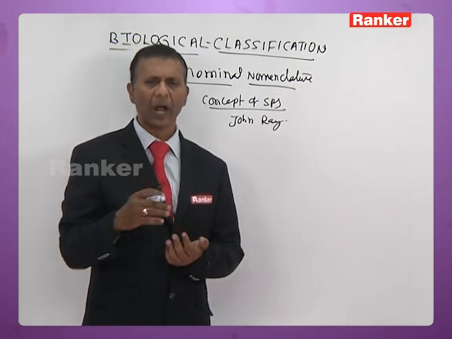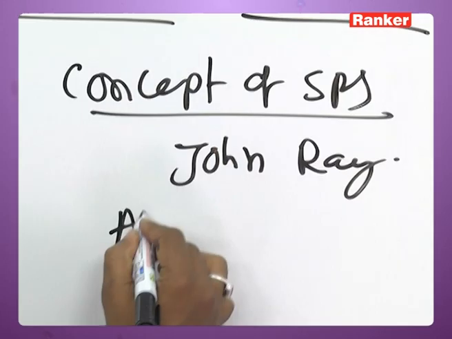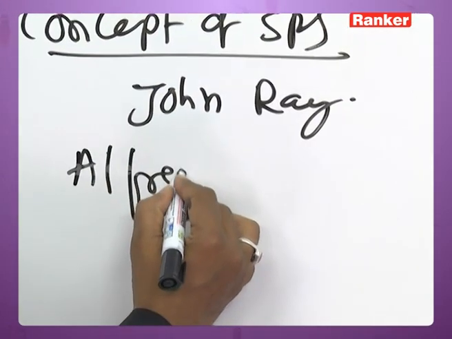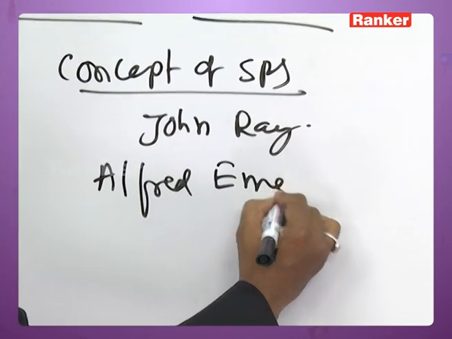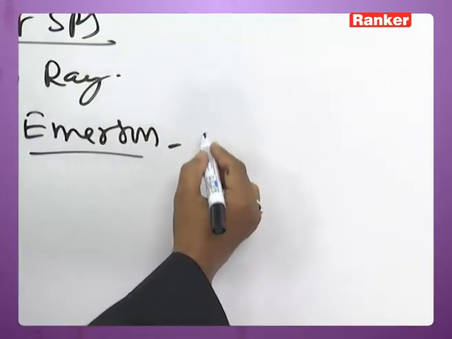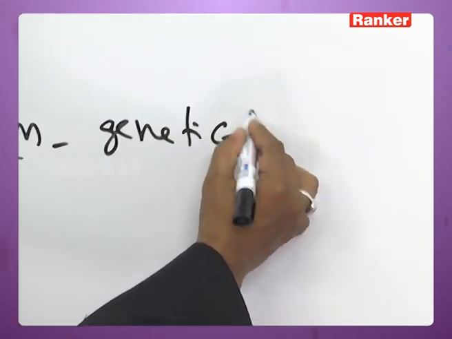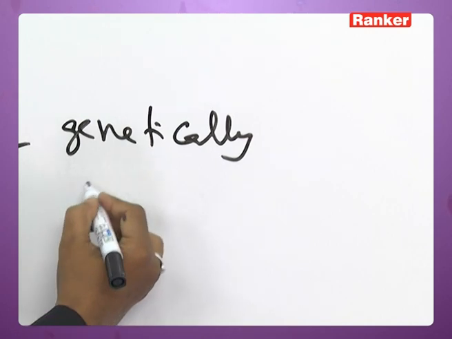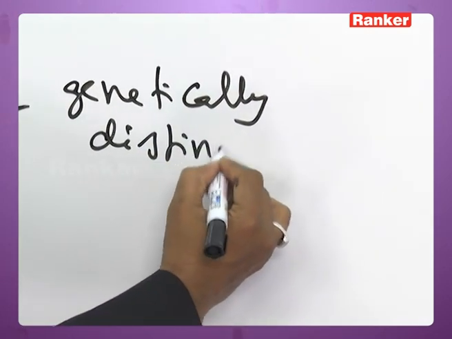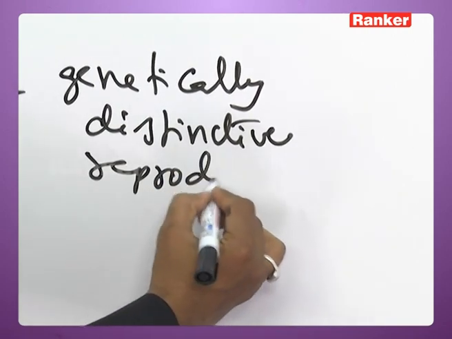And there are concepts put forth by different scientists. According to Alfred Emerson, species is a genetically distinctive, reproductively isolated group.